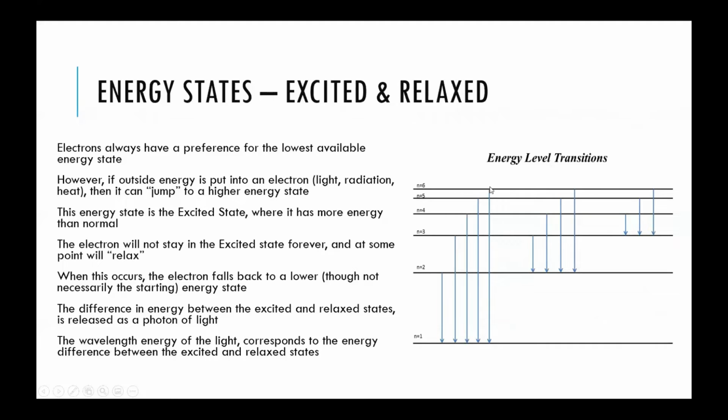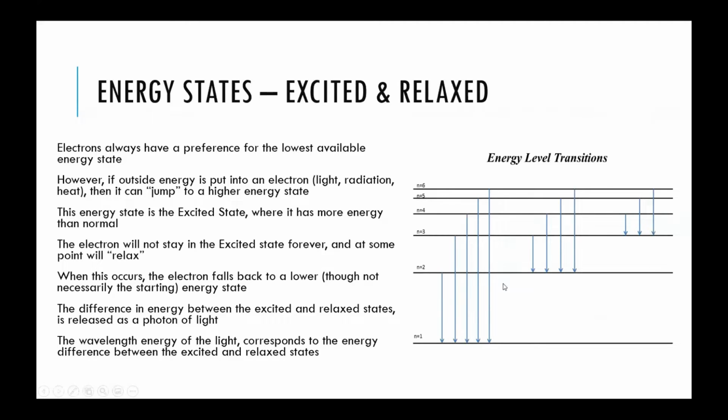After an amount of time, usually near instantaneous, but very quickly, the electron will cool back down or relax down to a lower energy level. And the difference between these energy levels, this amount of energy, is released as a photon.